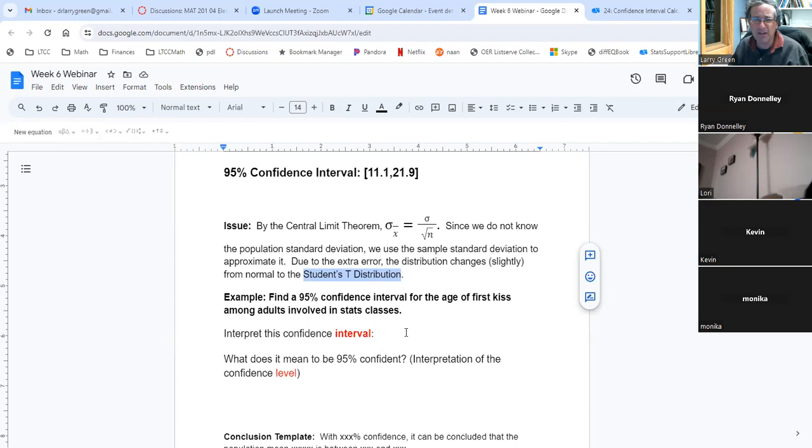Okay, so now what I want to do is I want to interpret this confidence interval. So let me type it out. So with, you always must start with the word with. 95% confidence.